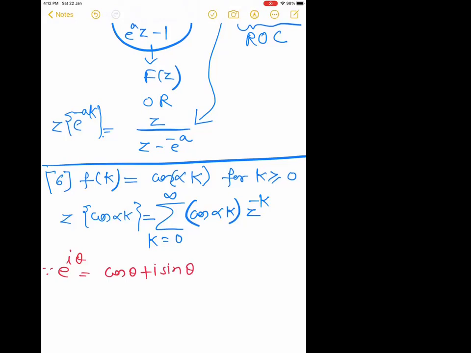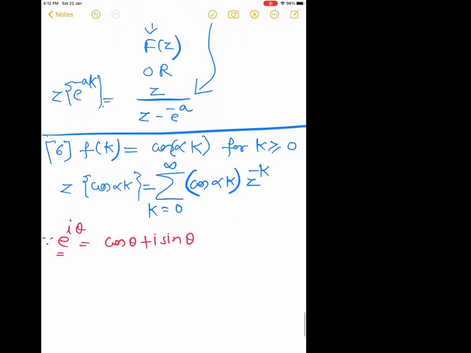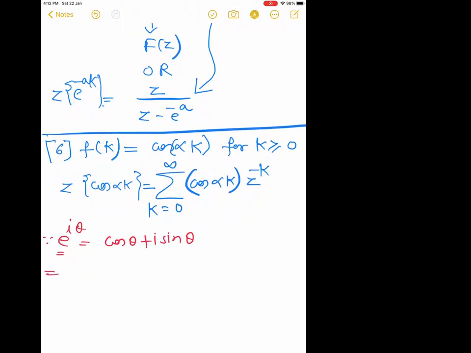Okay, and e raised to i theta is actually Euler's formula, which presents a complex number in terms of the cosine and sine functions, cos theta plus i sin theta. So if I use the expression e raised to i theta plus e raised to minus i theta, upon 2, I'm going to get the answer as cos theta.